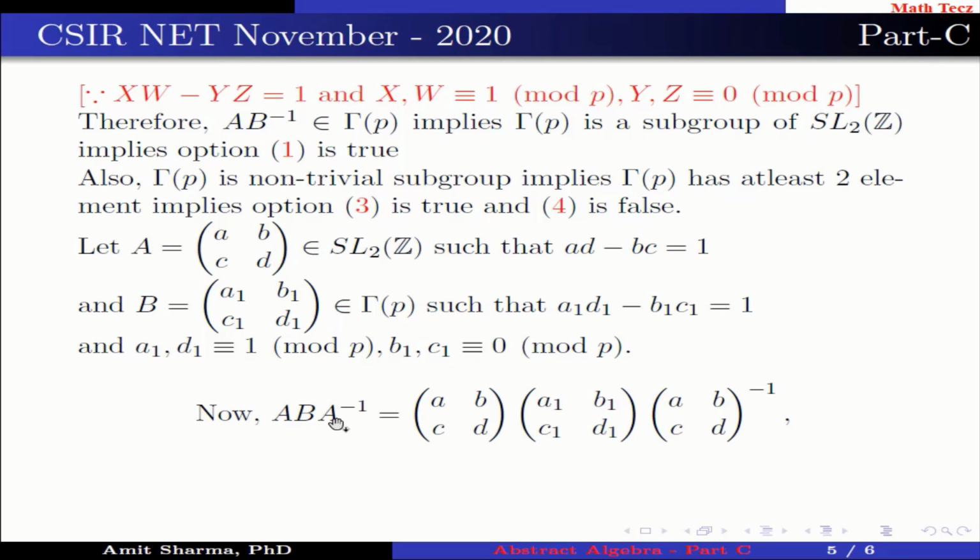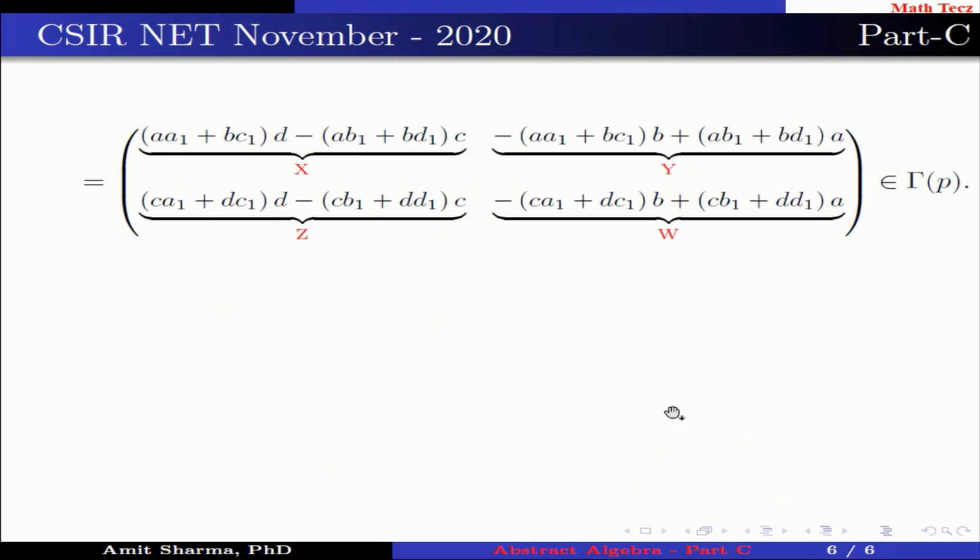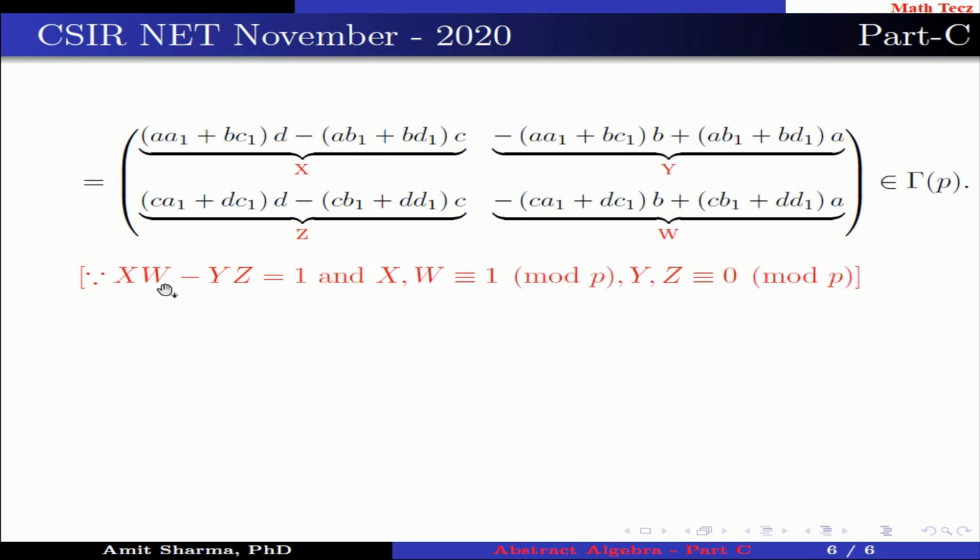Now, A B A inverse is represented by this expression, which is further simplified as this, and this also belongs to gamma of p. Why is it so? We represent first element as x, second element as y, third element as z and fourth element as w. When we calculate x into w minus y into z, it is equal to 1.